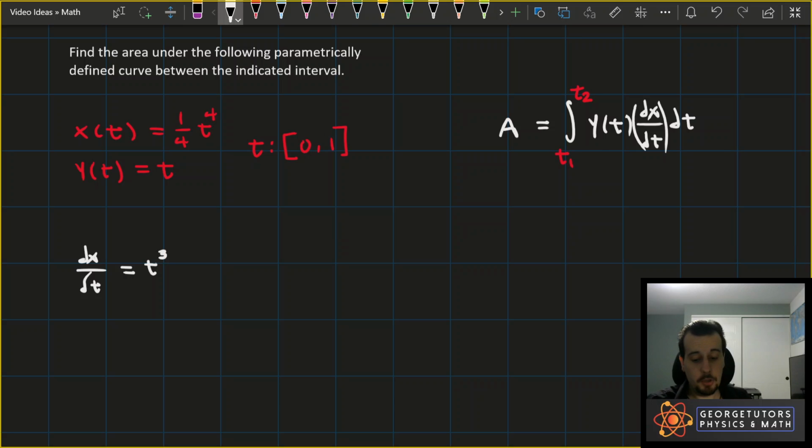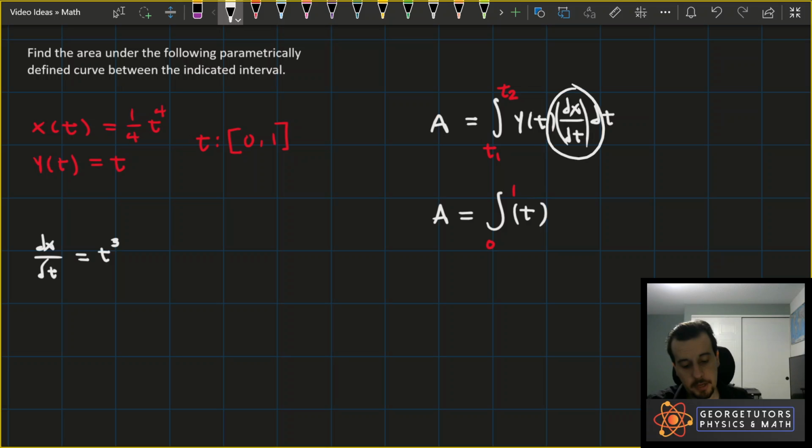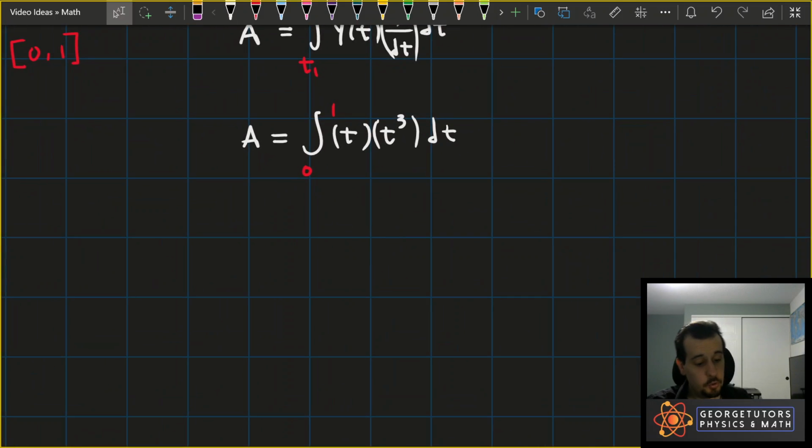So, plugging all the pieces inside my area integral, I know I'm integrating between 0 and 1. That's what they've indicated that they want me to do. I know that my y of t is simply defined as t. And I know that my derivative of x with respect to t came out to be t cubed. So I plug that in as well. And then I take the integral as I would normally.